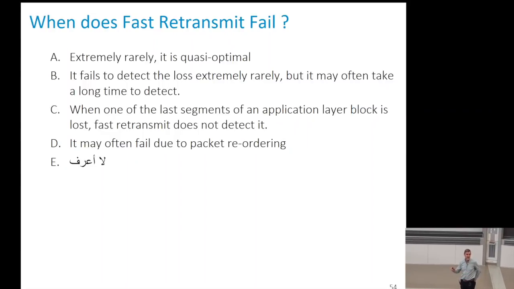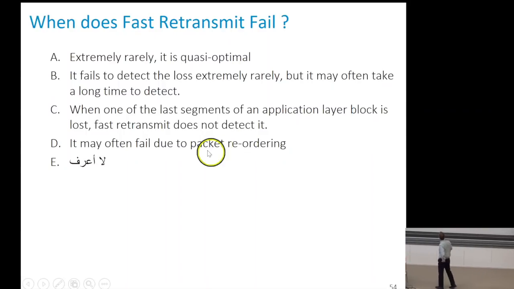So if the last packet is lost, it will take a retransmission timeout to have it retransmitted. This is called the famous tail loss problem. There are also heuristics to fix that, but we will not discuss them here.